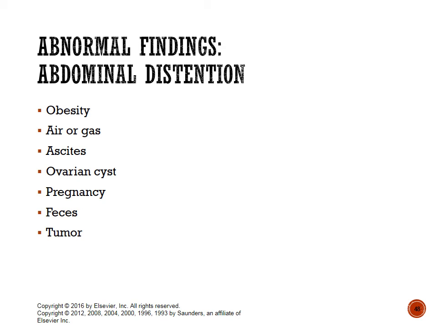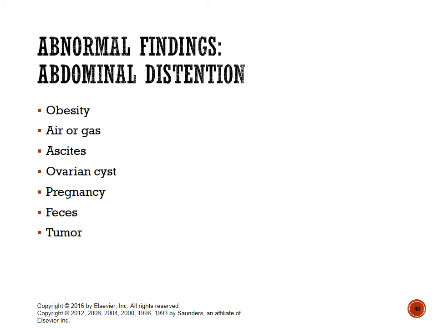So at the end of the chapter, we have our abnormal findings. Abnormal findings for abdominal distension would be obesity, any type of air or gas, and then also ascites. So that's going to be kind of a fullness from extra fluids in the abdomen.